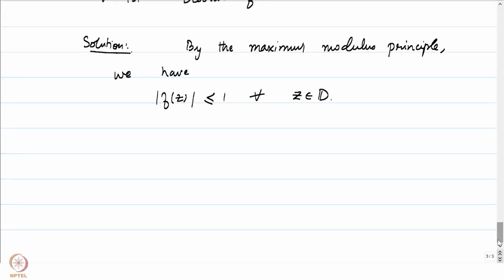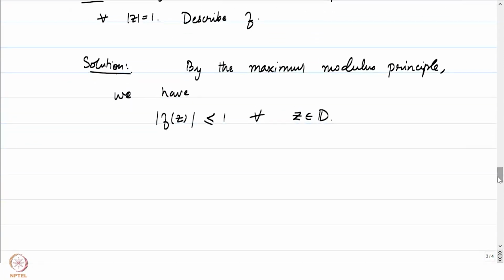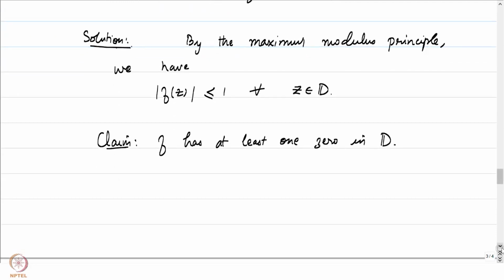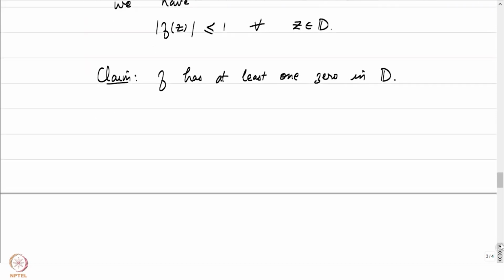And my first claim is that such an f should necessarily have a 0 in the unit disk. So let me write the claim down for you. f has at least 1 zero in D. So let's see what happens if that's not the case.